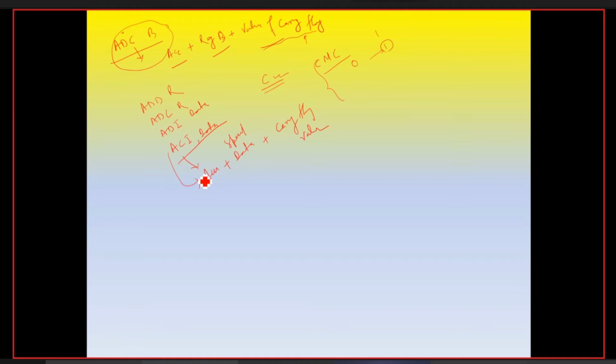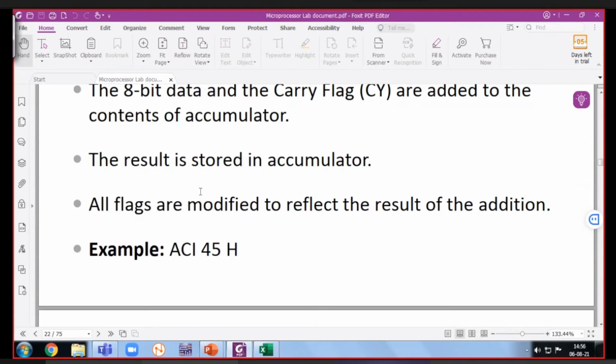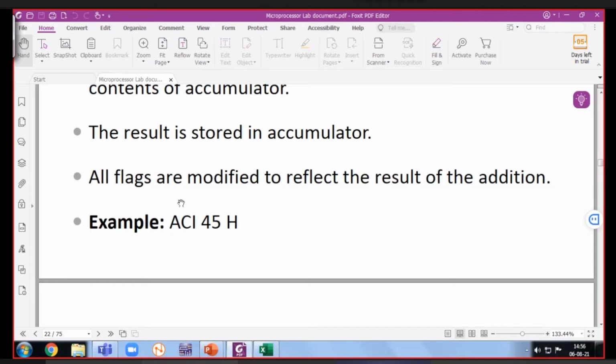If you are not knowing, you cannot use it. So ACI 8-bit data. ACI 45: all flags are modified, results are stored in accumulator. ACI 45 means content of accumulator plus 45 plus value of carry. It may be 0, it may be 1.